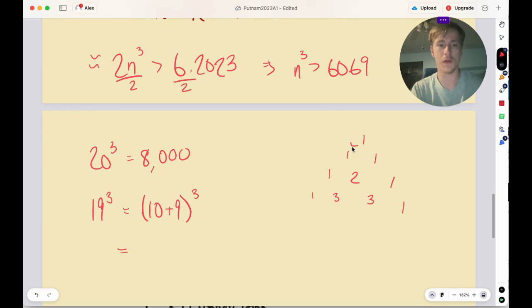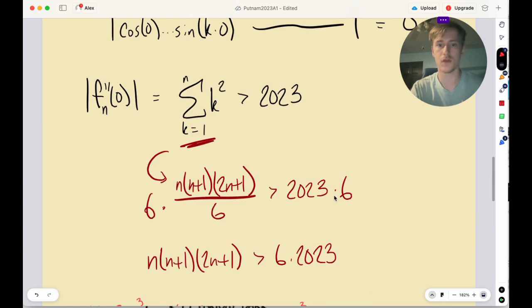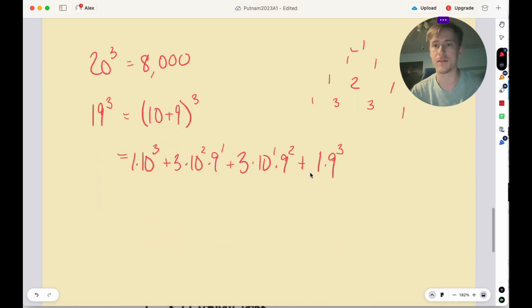So what that means is this is going to be 10 cubed plus 3 times 10 squared times 9 to the first, plus 3 times 10 to the first times 9 squared, plus 1 times 9 cubed. So the Pascal's triangle gave us these coefficients: 1, 3, 3, 1.